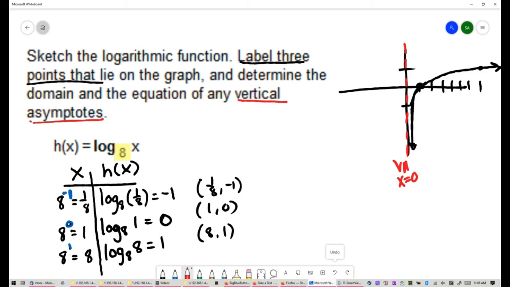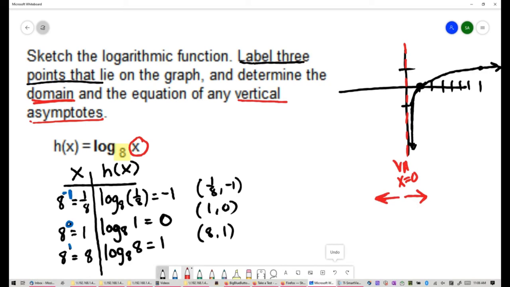And the other thing they asked us about is to find the domain. For a logarithmic function, you can only substitute positive values into the logarithm, and that's reflected in our picture here. If we look to the right of 0, which is where the positive values are, we can see our graph. But when we look to the left, there's no portion of the graph.